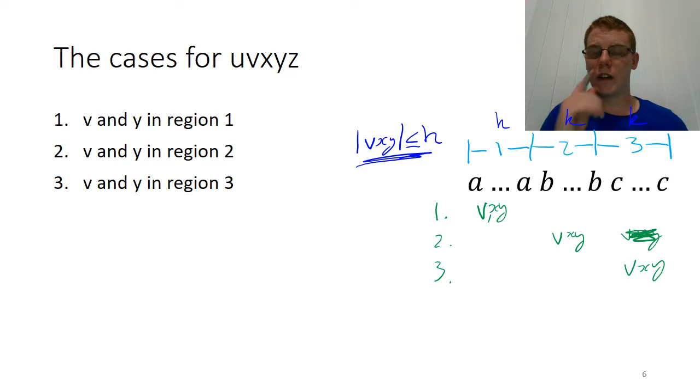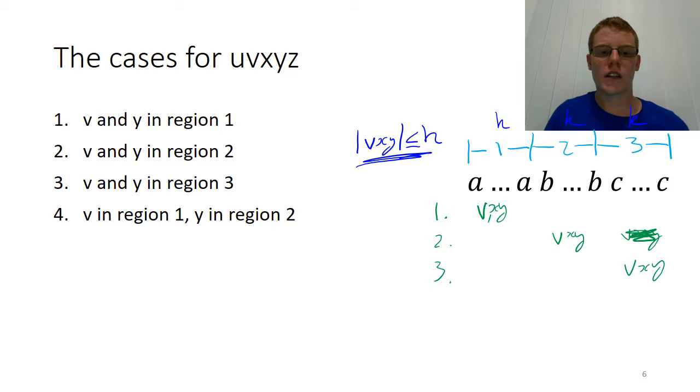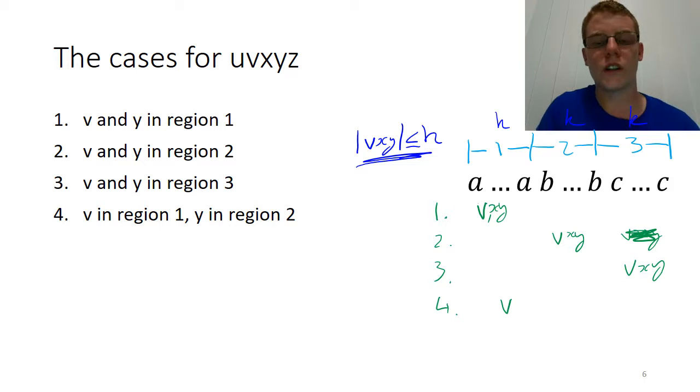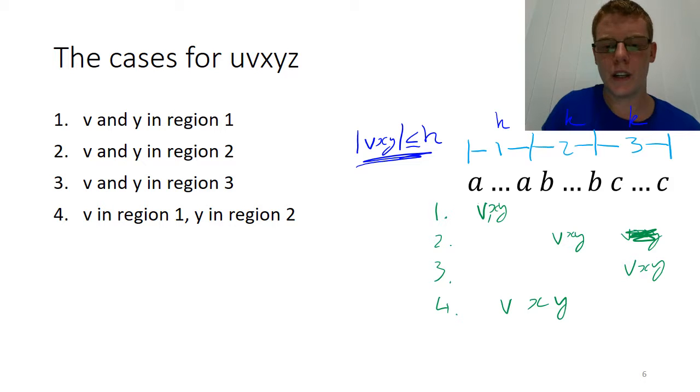So that's a set of cases, but if you think about it, we can also have the problem where V and Y are somehow straddling the boundary. So that's what our case 4 is. That is, V is completely in region 1, so completely made of A's, and Y is completely within region 2, and X is whatever's in between the two of them.